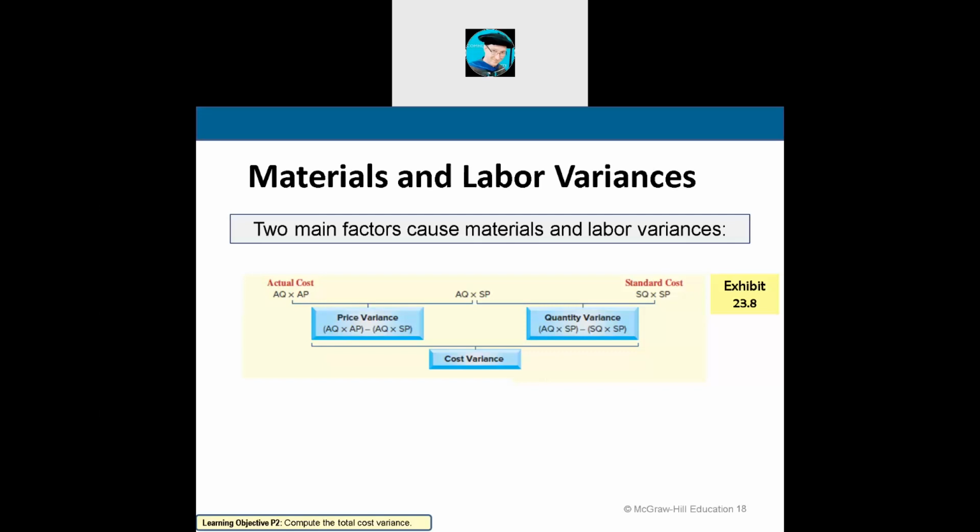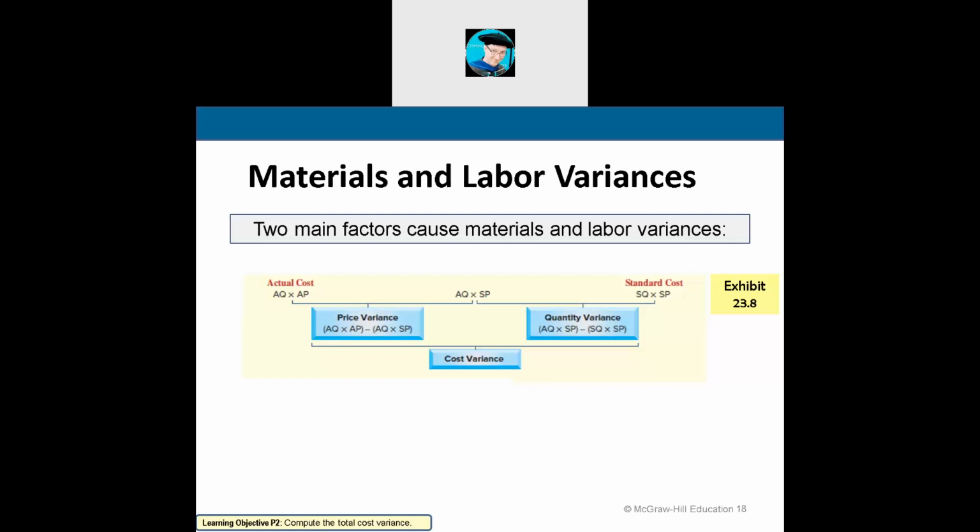Their hourly wages went up. That would cause a labor variance. The price, difference in price. So those are the main factors that cause these kinds of variances. A change in the actual quantity or a change in the actual price will create a change in the actual cost.